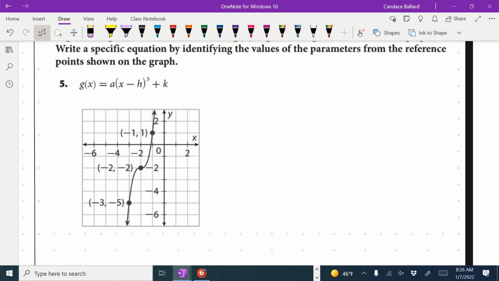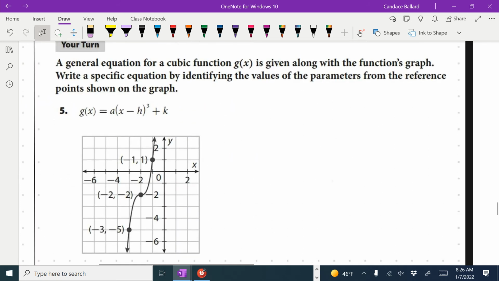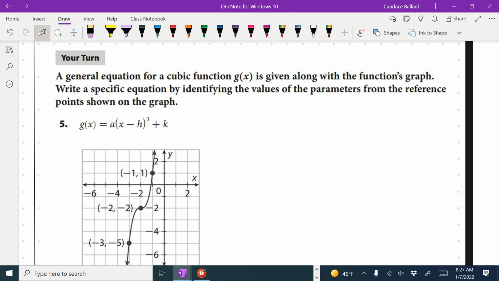So watch your signs. At the least, you should be able to get HK in there.